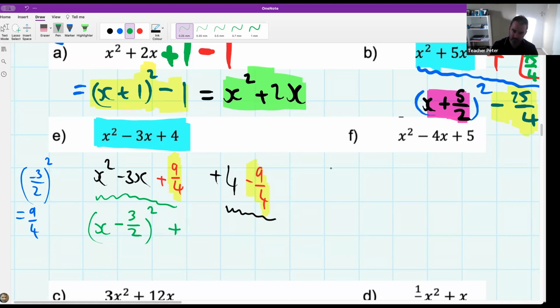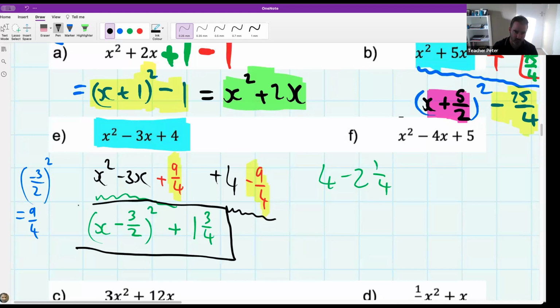Now, 9 over 4 is the same as 4 minus 2 and a quarter. There are a couple of different ways you could do this, but 4 minus 2 is 2. Take away another quarter, you get 1 and 3/4, or you could have done it with improper fractions. But your final answer should be x minus 3 over 2 squared plus 1 and 3/4. And now you have completed the square.